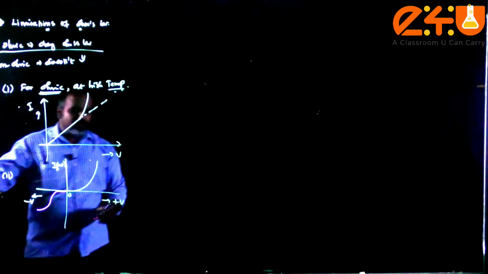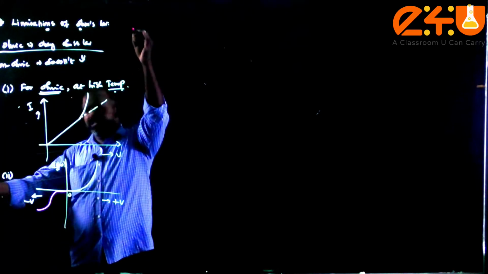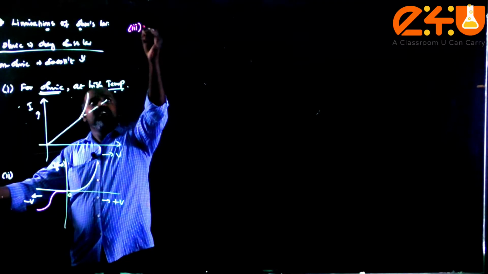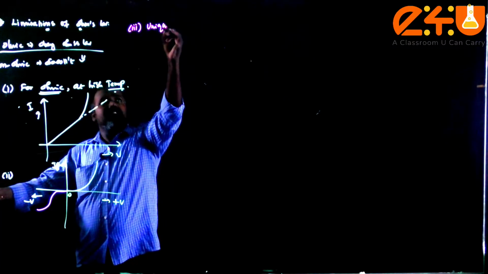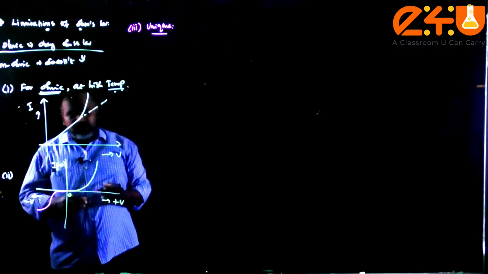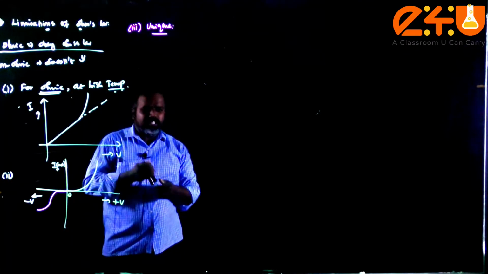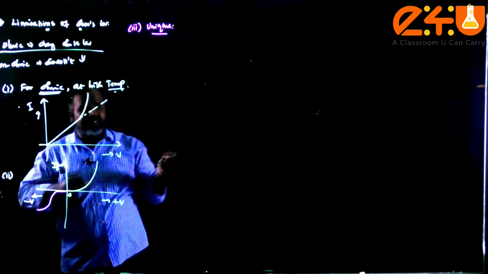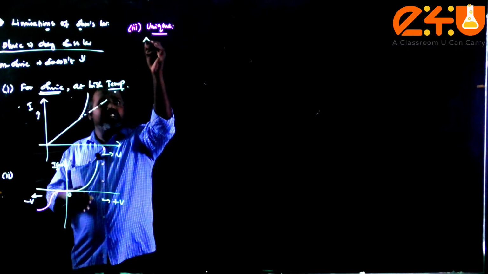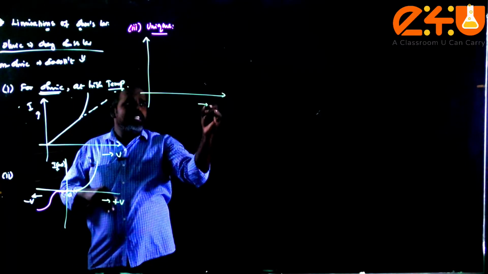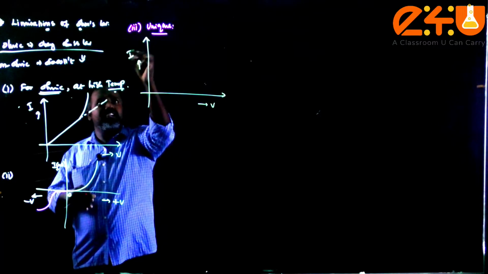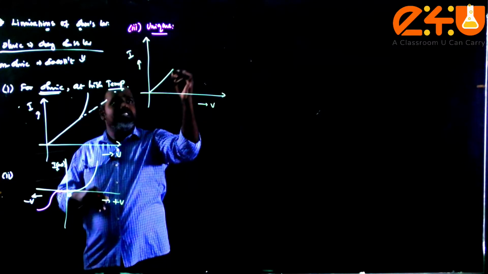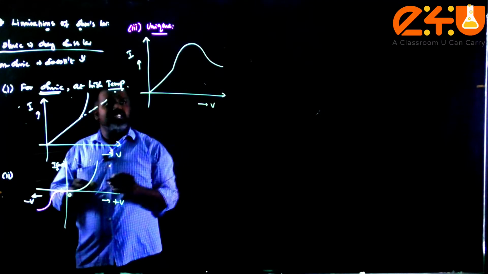The third one is that there is no unique value relating current and voltage for some substances like gallium arsenide. In such materials, this is voltage and this is current.